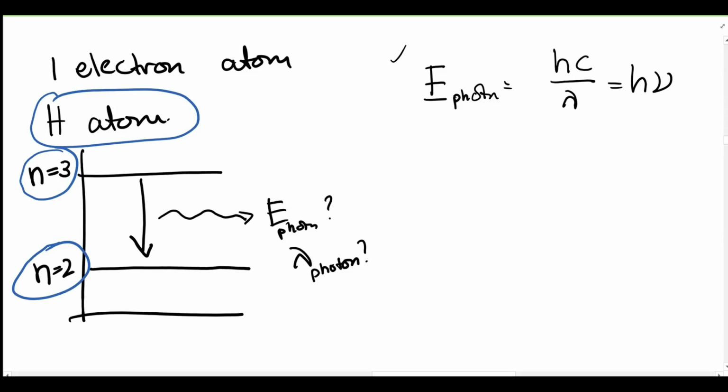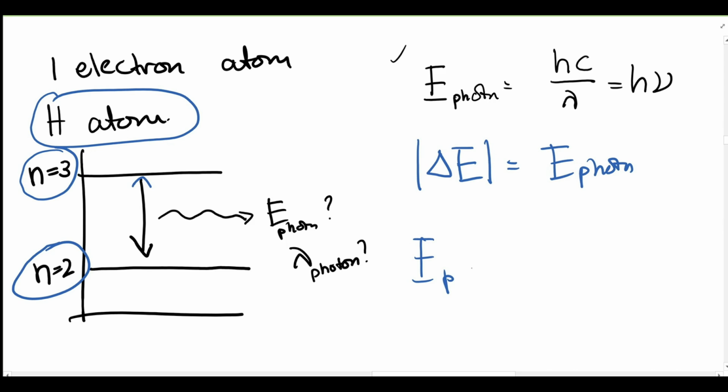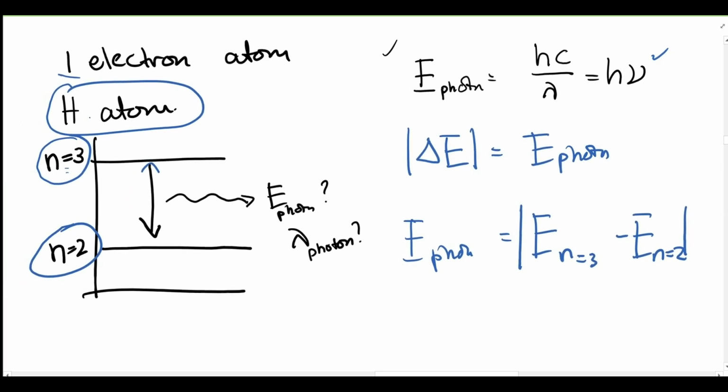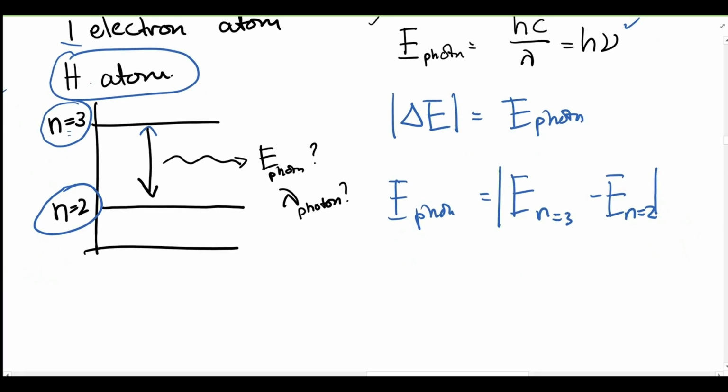So the change in energy is equal to the absolute value of the n equals 3 minus the n equals 2. This is still a correct equation, but in this particular question, the way to solve it is, I have a hydrogen atom with only a single electron, so I need to know the energy for n equals 2 as well as n equals 3. Is there just going to be a modified equation for when we deal with multiple electrons? Yep.